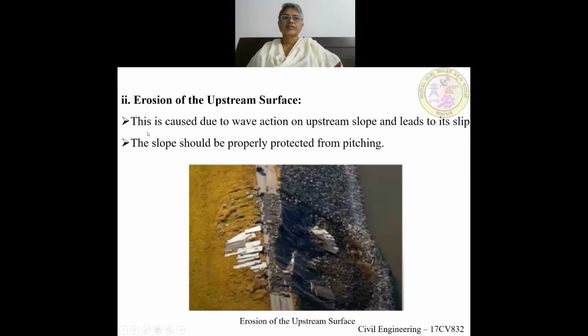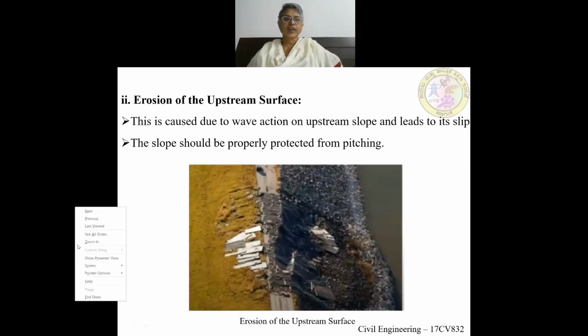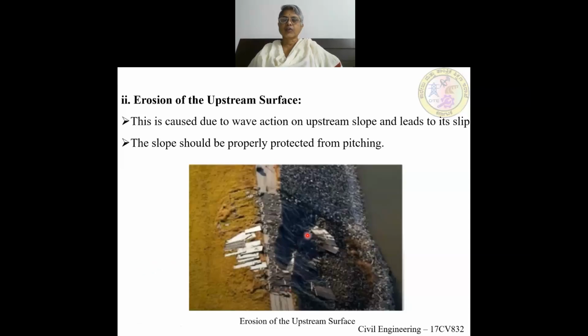The second one is caused due to wave action on the upstream side. The waves which are created on the surface of water due to wind in the reservoir will lead to slip. This will cause saturation on the upstream side.